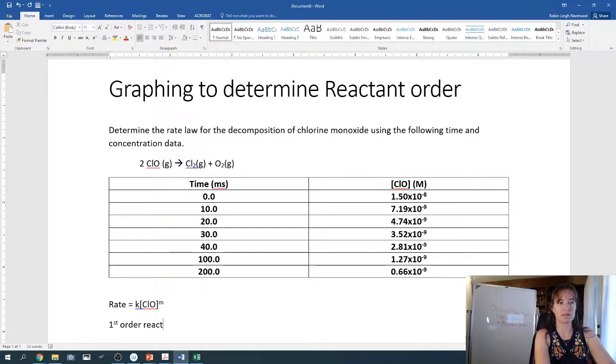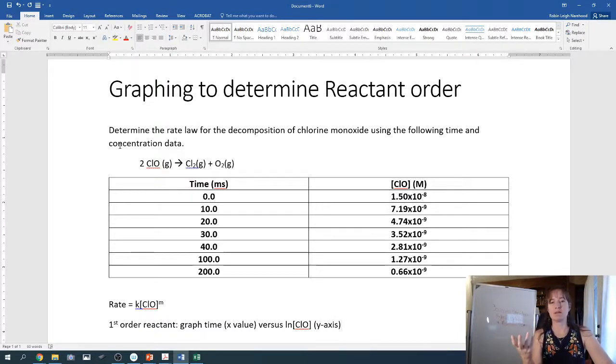reactant, then you're going to graph time, which is your x-axis, so all the time is your x value, versus the natural log of your concentration. Our substance is chlorine monoxide, and this is going to be your y-axis. So we are going to mathematically change the molarity; we're going to do the natural log of each of these.